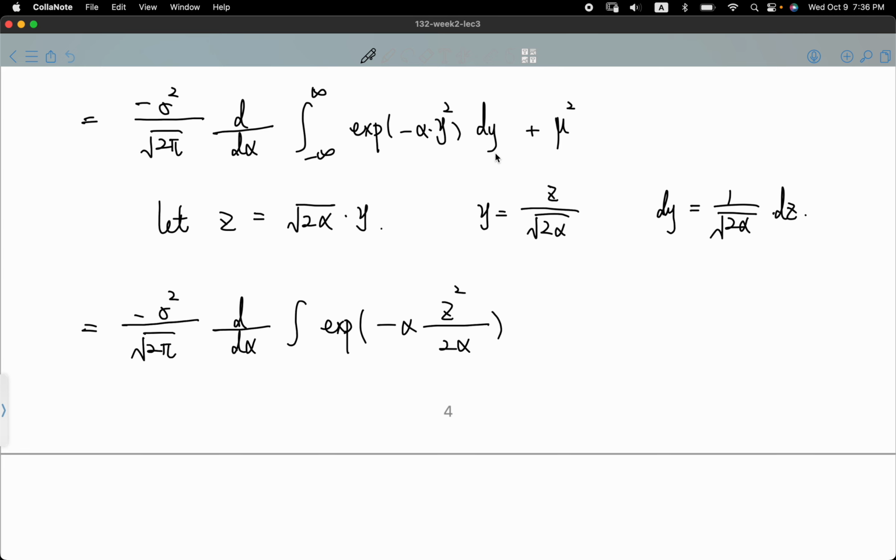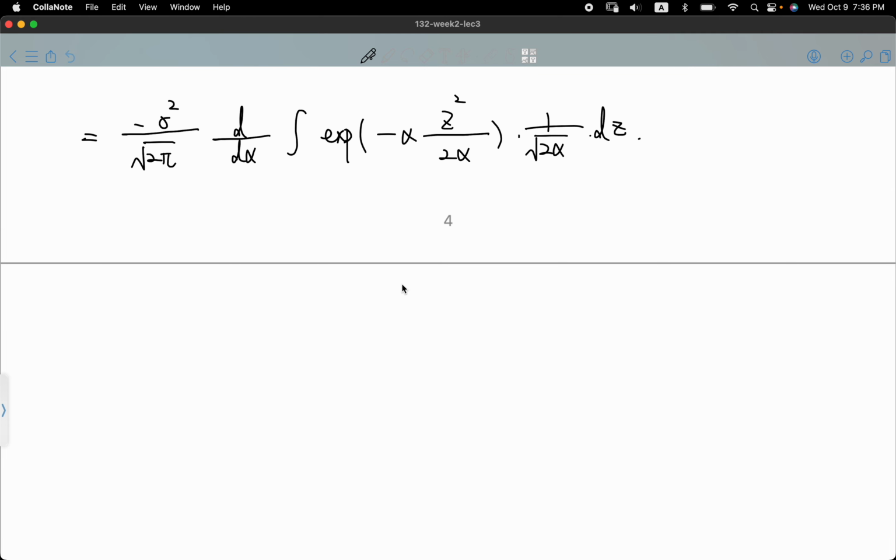Okay, and then dy is just 1 over 2 alpha dz. Okay, so let's further simplify from here. And then d alpha. So now this alpha and this alpha cancel out.